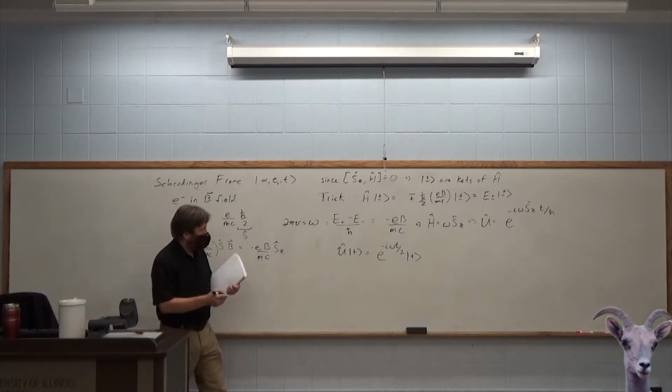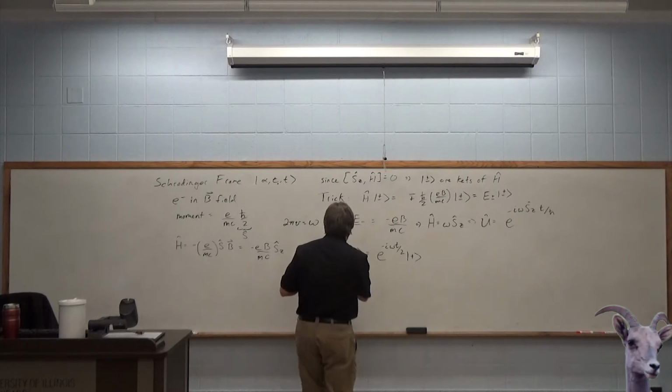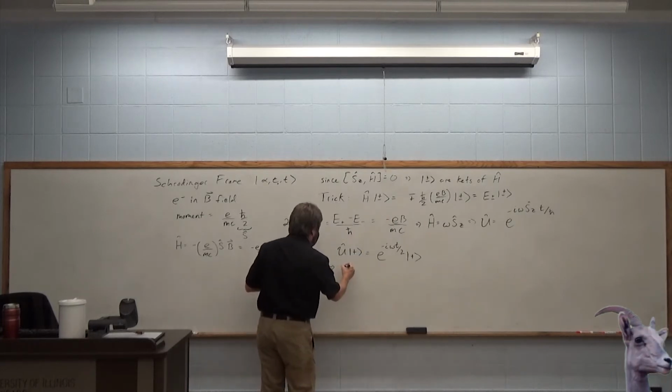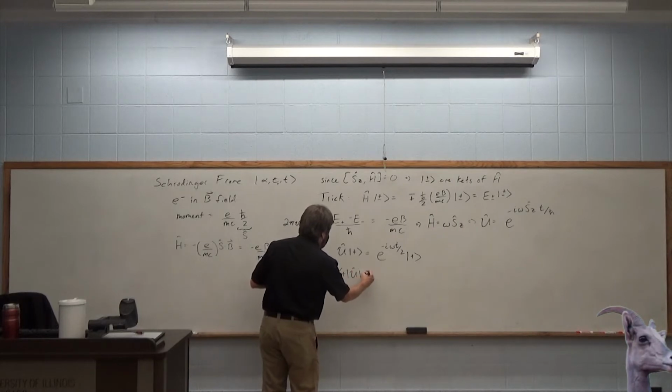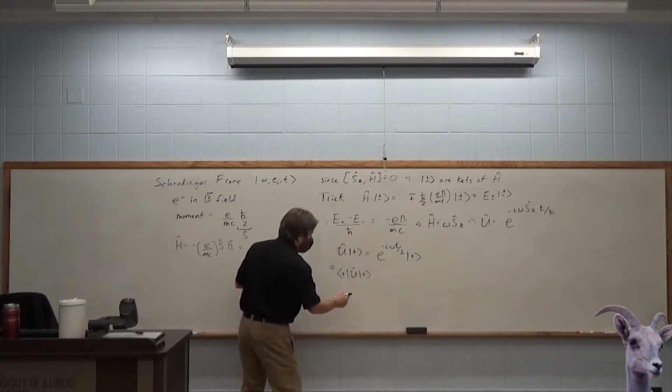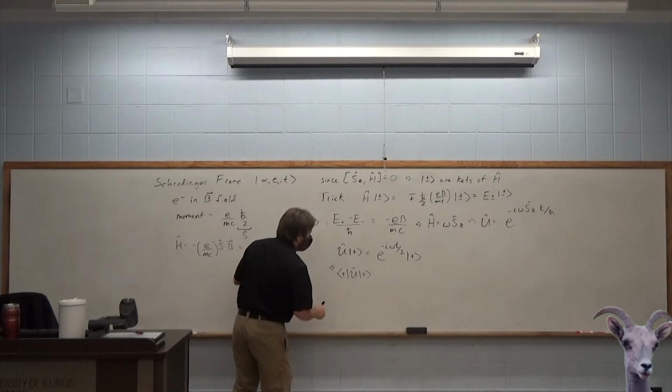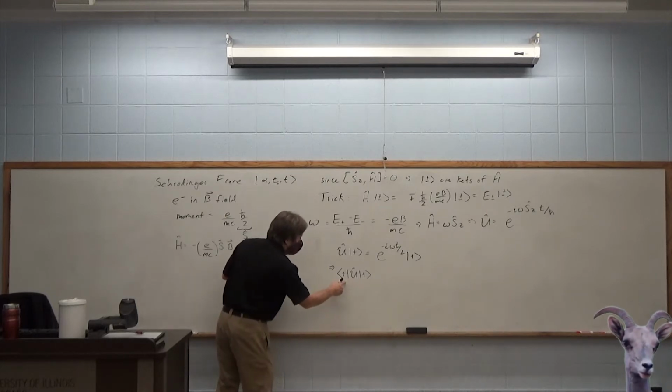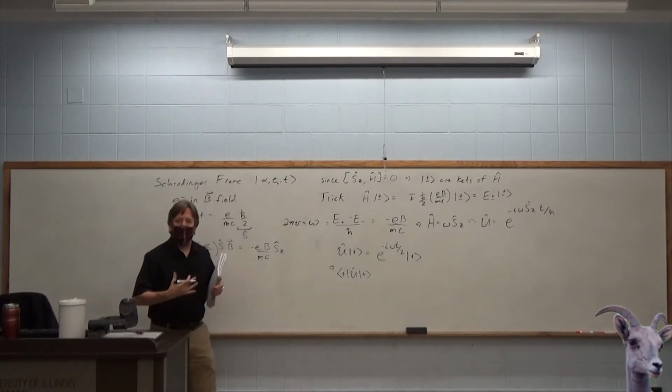And just to reemphasize, if I then do this, so when I look at this, let's say I ask you to explain in words, this evolves the state in time, and this sees whether it's changing.